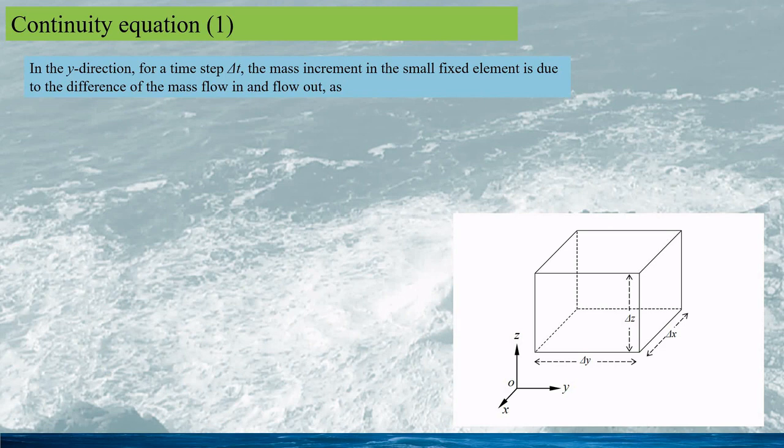Consider a fluid element, a small cube in the figure. Take the y direction as an example. In the time interval delta t, some fluid mass flows into the cube from the left vertical plane at a flow rate ρv, and at the same time, some fluid mass flows out of the cube from the right vertical plane at a flow rate ρv plus the partial differential of ρv with regard to y times delta y.